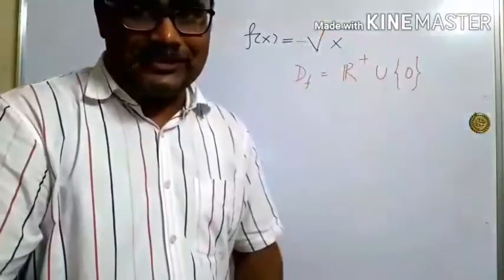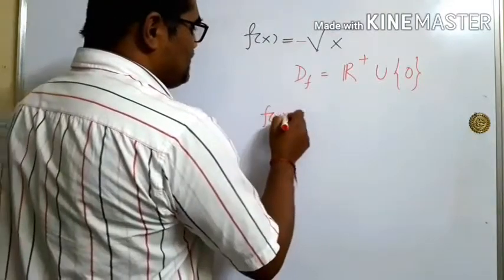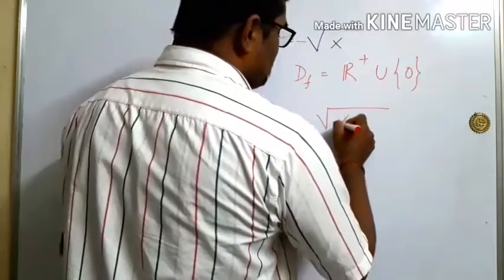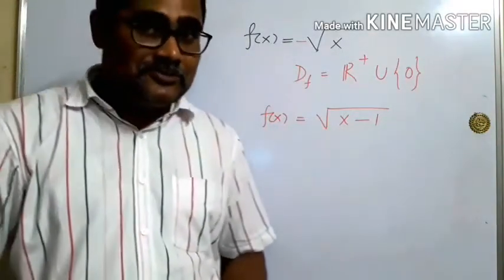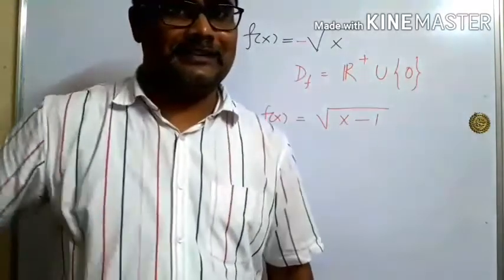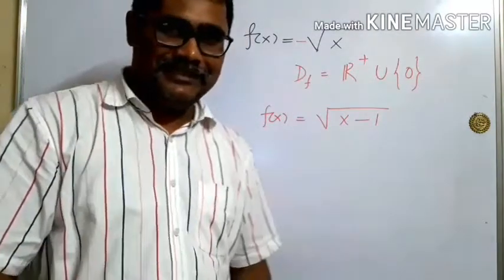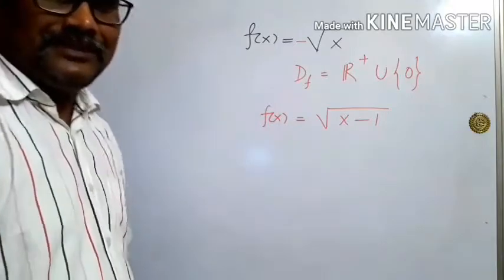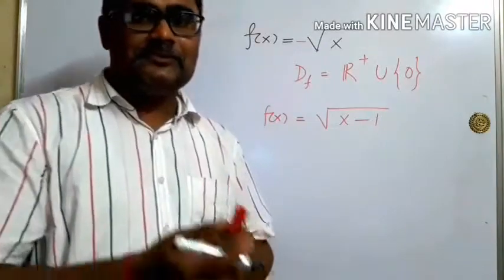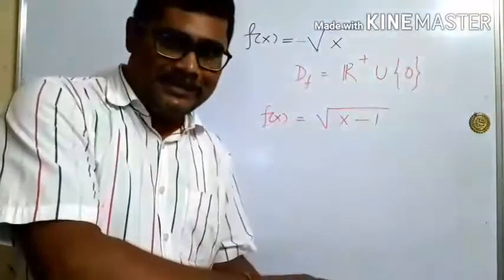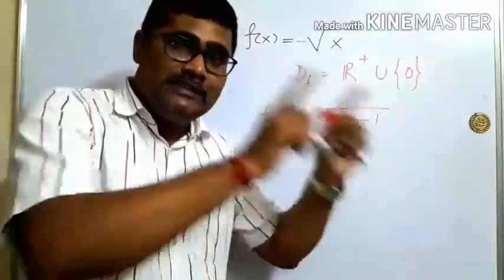चलो थोड़ा और इसको मॉडिफाई कर लेते, इसी को f(x) is equal to root of x minus 1. Now you tell whom you will quarantine. किसको क्वारंटाइन करोगे, राइट? सिंपल है, वेरी सिंपल. हम लोग उसी को क्वारंटाइन करेंगे which will give us x minus 1 as a negative value.